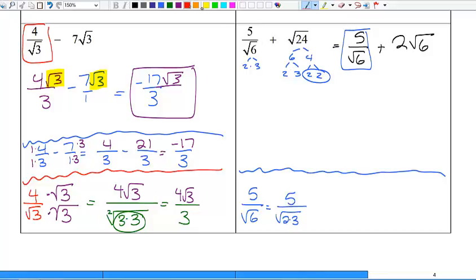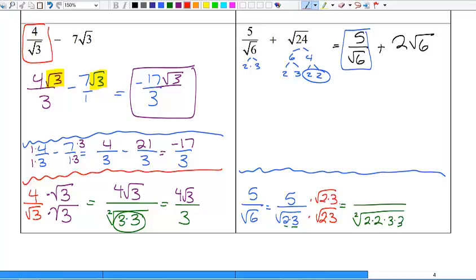So I'm going to multiply the numerator and the denominator by something in order to get groups of 2, because they're square roots. Because I have a 2, I need 2 copies to get it out of the house, which means I need to multiply an extra copy here. For the 3, I have a 3. I would prefer to have 2 copies of 3, so that means I need an extra copy of 3.